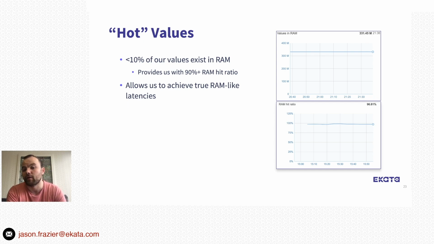Another metric is RAM hit ratio, the ratio of values looked up that came from RAM versus from Flash. We have billions and billions of keys in our database, and only 330 million keys in RAM at any given time. That's less than 10% of all of our values, and this provides us with over a 90% RAM hit ratio.